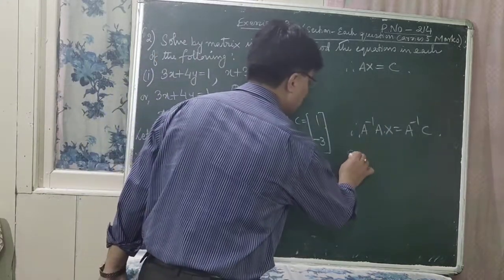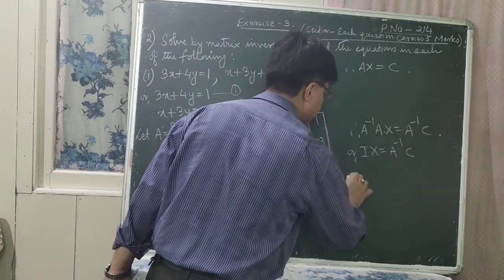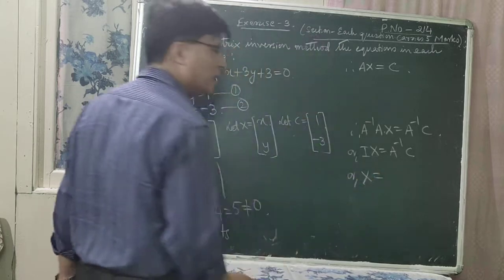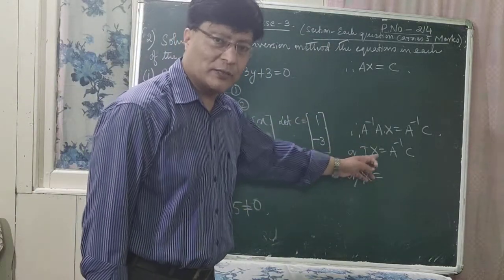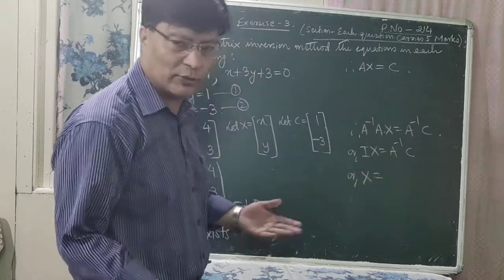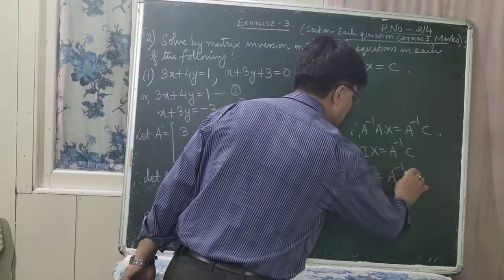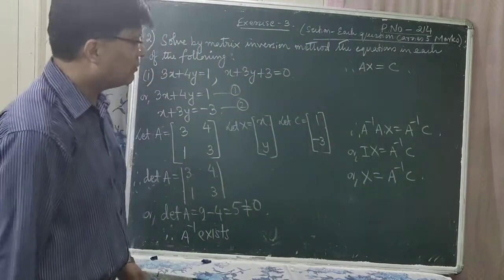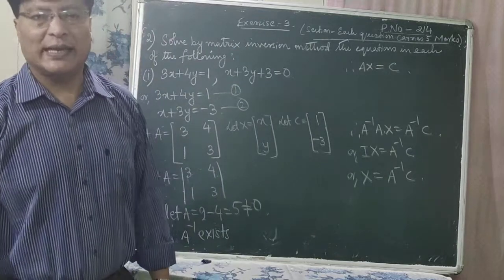What is A inverse A? That is I. So IX is equal to A inverse C. What is I into X? It is just like multiplying with 1. So X into I is always X, you know from properties of matrices. X is equal to A inverse C. That means when you take this A to the right hand side, it becomes A inverse.